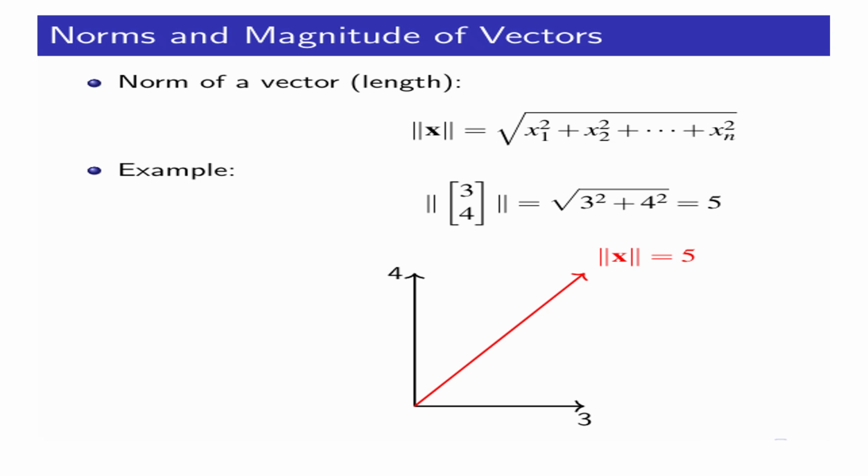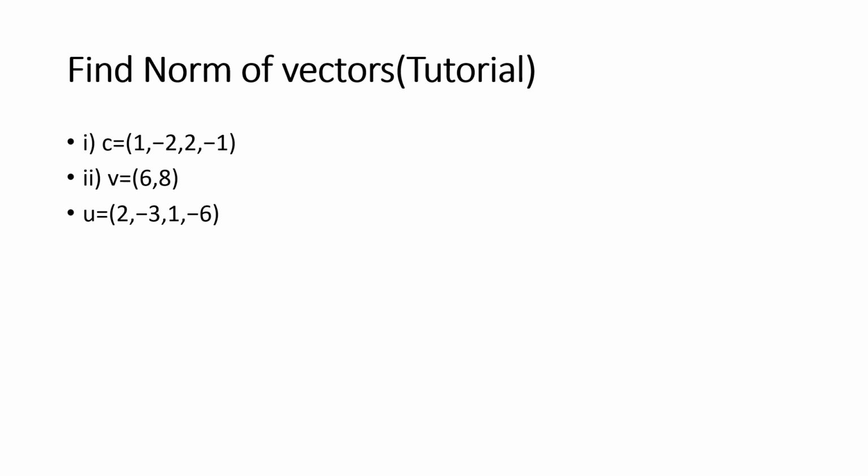Add them, that is 3 square plus 4 square, and take the square root of it. So we have 9 plus 16, which gives 25, root of 25, which is equal to 5. So this gives the norm of the vector, or the length of the vector. This can be done as a tutorial.